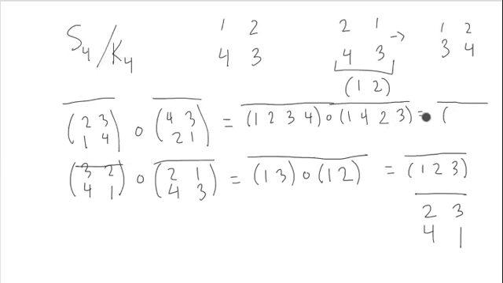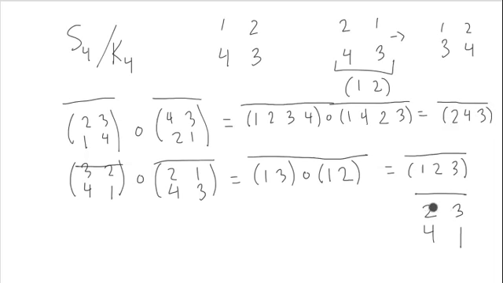What does 2 do? 2 goes to 3, which ends up going to 4. So 2 goes to 4 in the end. Then 4 comes in, it goes to 2, which goes to 3. 3 comes, and now we know 1 was fixed, so it should go back to 2. We can double check. 3 goes to 1, which goes to 2, just like expected. So we get (2 4 3).